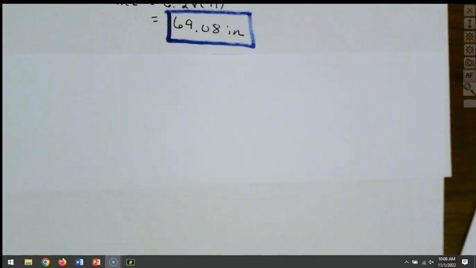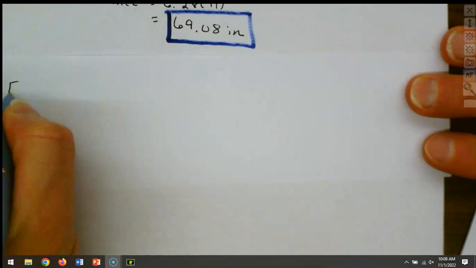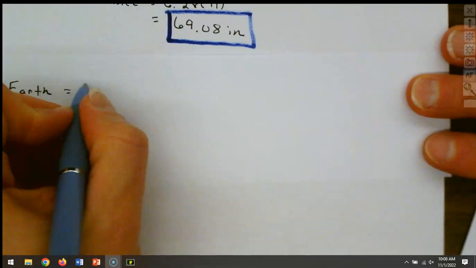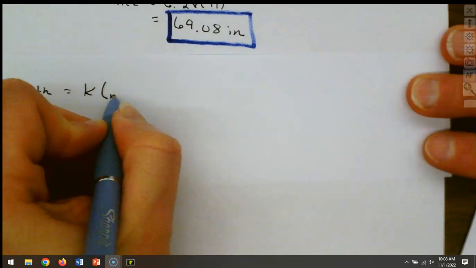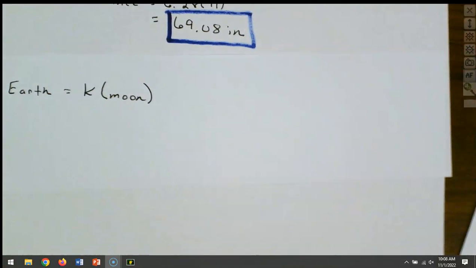So the weight of an object on Earth is directly proportional to the same weight of that object on the moon. So our formula is going to be the Earth weight is going to equal k times the moon weight. Now, what are we going to plug in here?